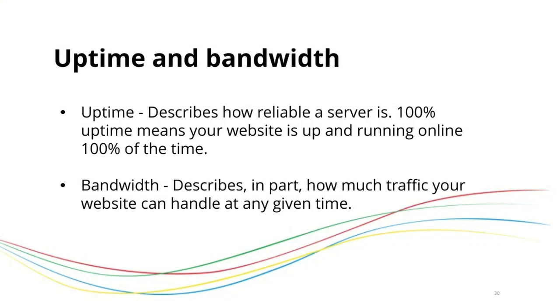Uptime means your site is perfect. Downtime means nobody's getting on your site. So you want to make sure you have 100% uptime, right? And then bandwidth. In part, bandwidth describes how much traffic your website can handle at any given time. Both of these terms are super important to understand what kind of hosting you need. And when you're comparing different web hosts, these things are important to know about.